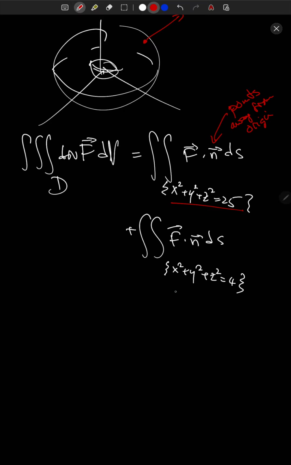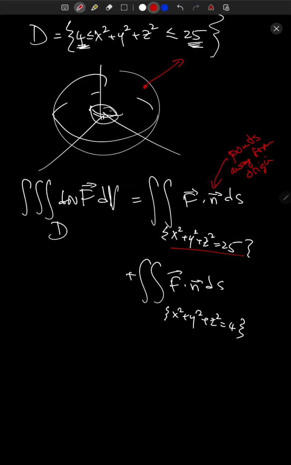But outward pointing for the inner sphere, x squared plus y squared plus z squared equals 4, is actually going to be the one that points inward, towards the origin. Why? Because when we say outward pointing normal, we mean outward relative to a surface, pointing away from our region.